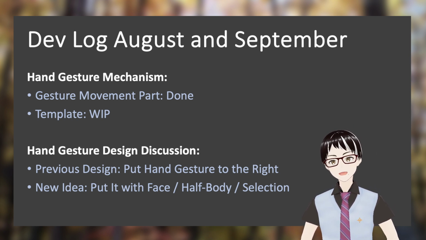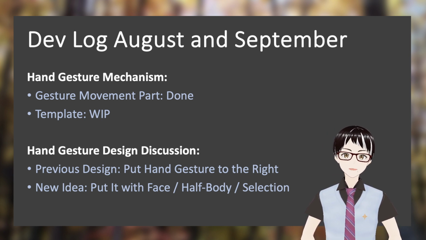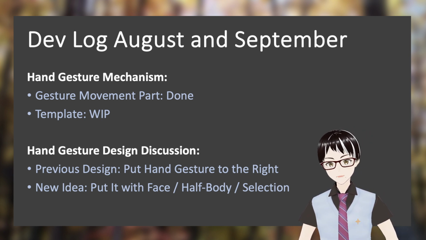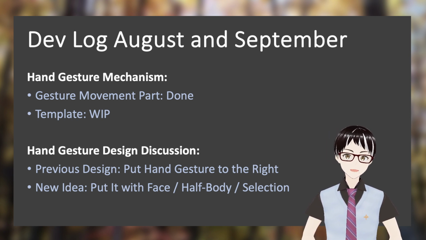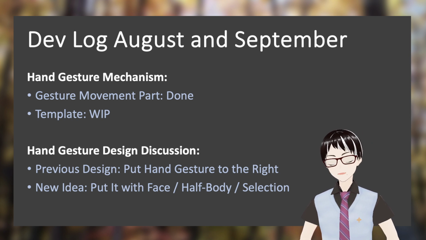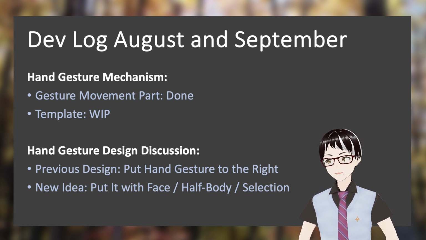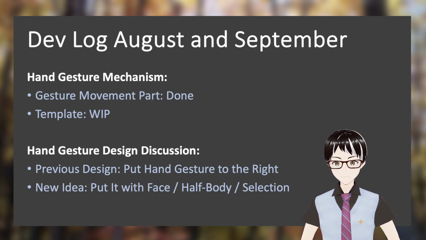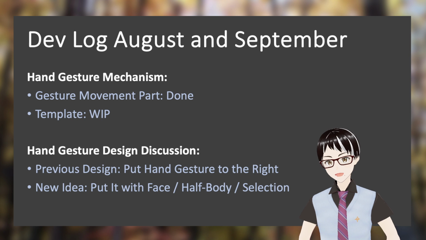The plan was to create a new UI on the right, a right sidebar, where we will be able to select different hand gestures. But I really don't like that design. That's the reason why we weren't able to make too much progress. So I got a new idea.